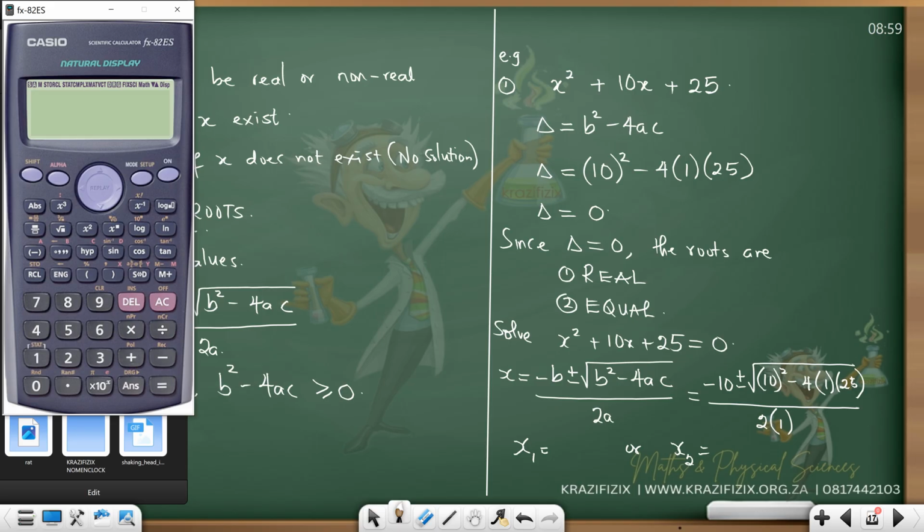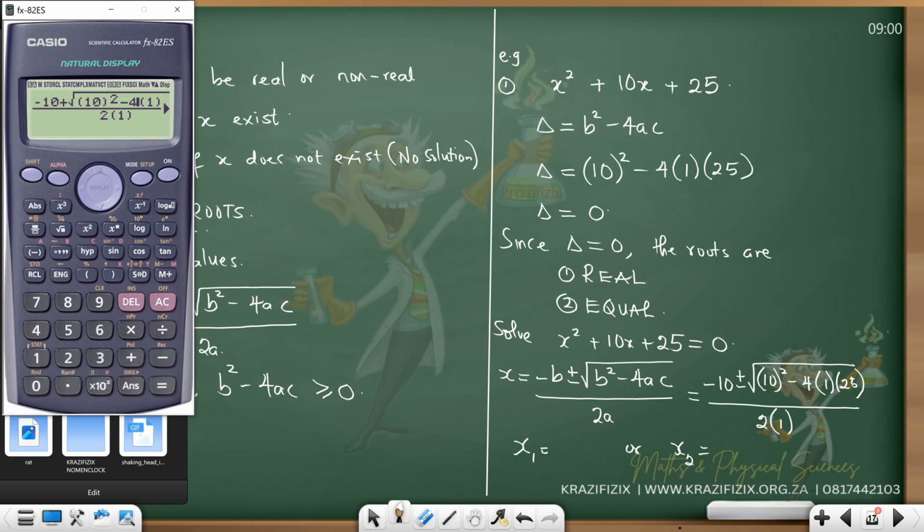But let's compare x1 and x2. I know you're writing, so I'm going to punch it in the calculator for you. Negative 10 plus square root of, please remember to use brackets, b squared minus 4ac, over 2 multiplied by 1. My first answer is negative 5.